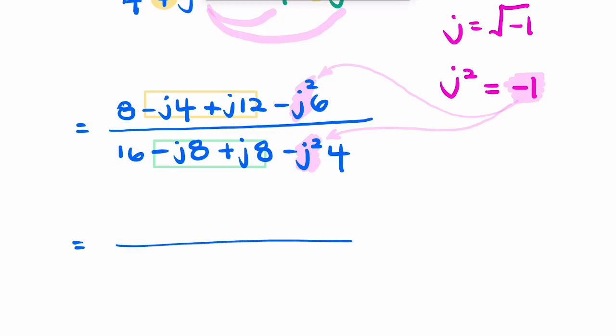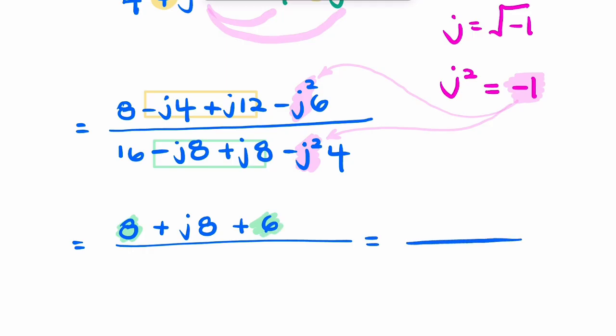So 8, we'll write that the way it is. And then you've got negative j4 plus j12. That gives you plus j8. And then the negative times negative gives you plus. So that's plus 6. And again, these like terms, they add up.